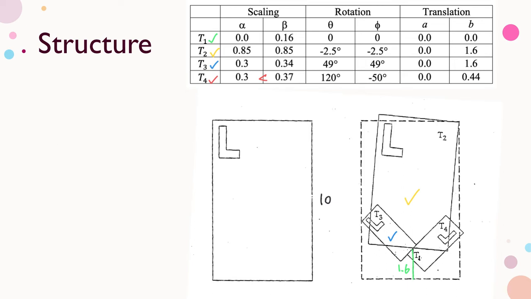Since the sum of these two angles is not supplementary, the image is a parallelogram instead of a rectangle. By the translation (0, 0.44), the image is placed on the right side of figure T1 and lower than T3, as 0.44 is less than 1.6.